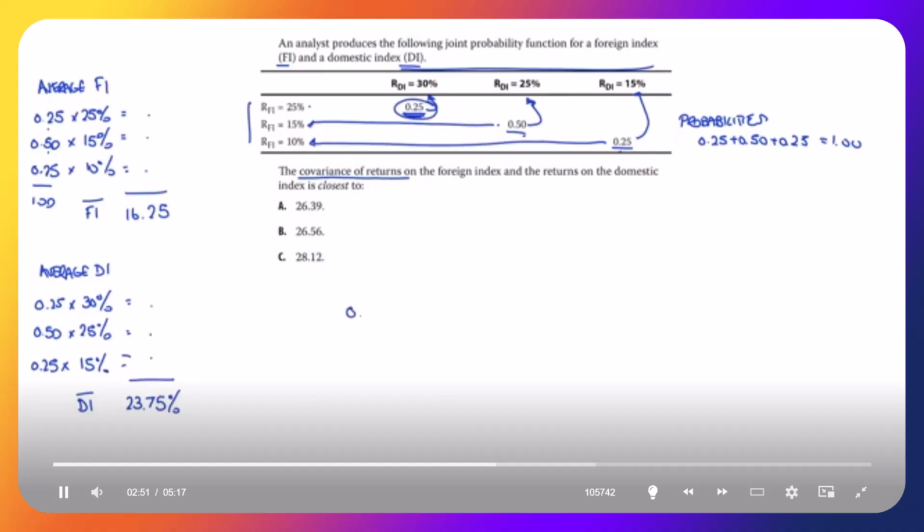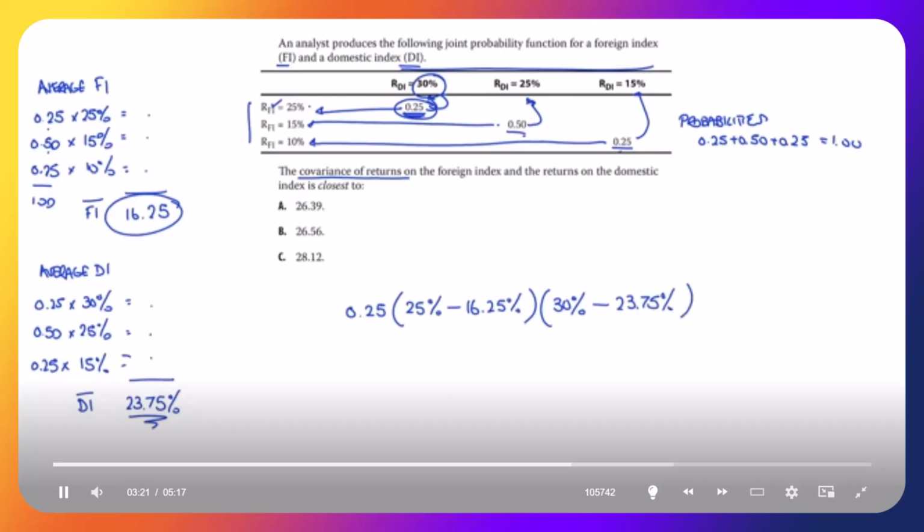There is a 0.25 chance that we end up with a 25% return on the foreign index, as opposed to its average of 16.25%. And at the same time, we would get a 30% return on the domestic, as opposed to its average of 23.75%.